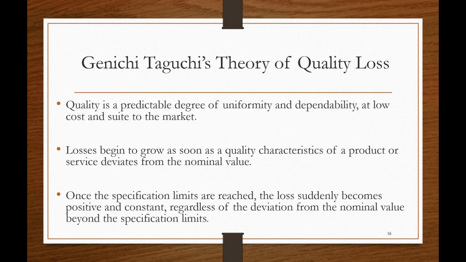Genichi Taguchi's theory of quality loss. Taguchi's theory of quality loss we discussed in chapter 1. Even then, let us repeat. Taguchi's third point is that the loss due to an item not being on target can and should be calculated.